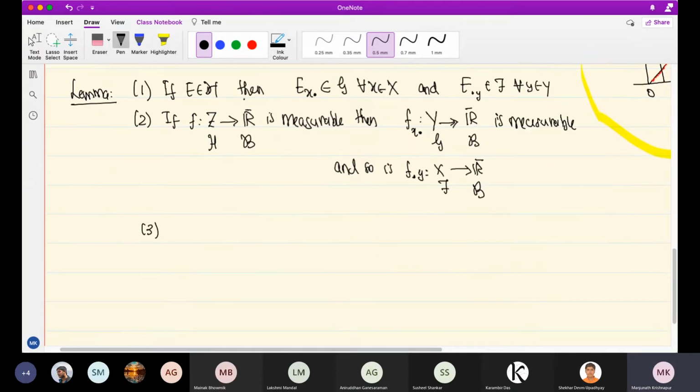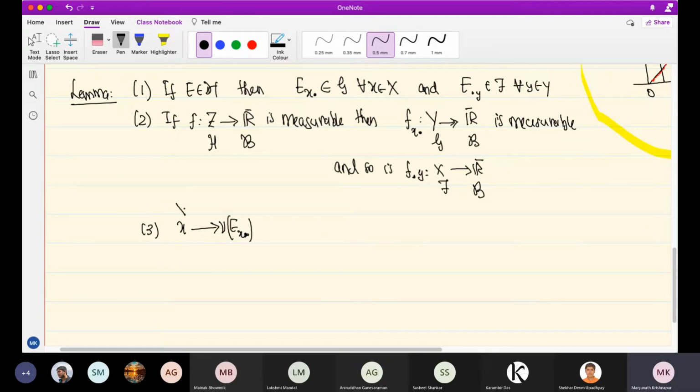So now we have found that for each x, E_x is in G, right? So now look at the map x going to... So E_x is a set in G, so I can apply nu to that.